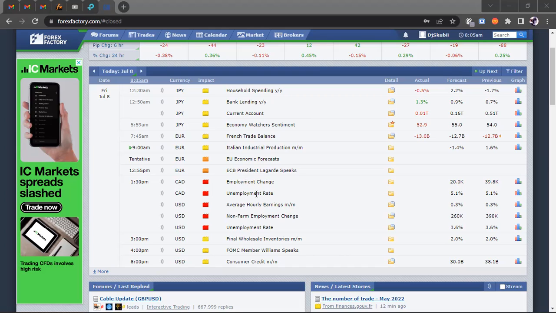Unemployment, I always tell you guys, is one of the biggest things people use to determine if an economy is strong or not. Then we have NFP, the great NFP, at 13:30. All this is at 13:30, so there's going to be a whole lot of volatility in the market today.